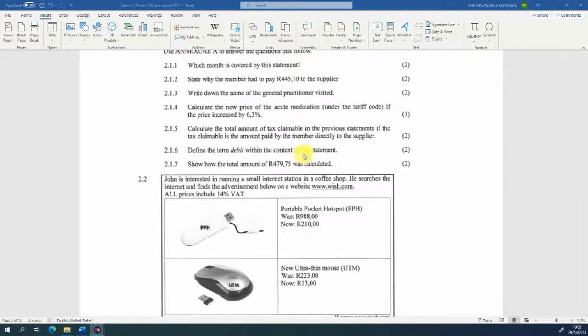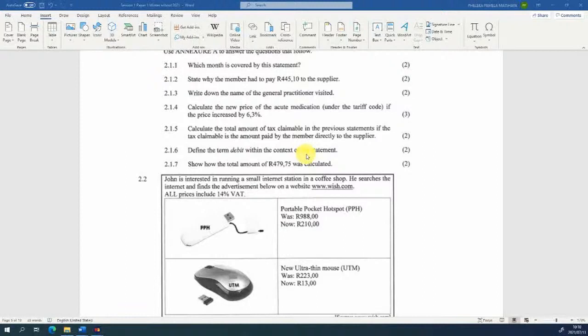2.1.4, calculate the new price of the acute medication under the tariff code if the price increased by 6.3%. So the price you see there, you need to give a new price. How? By increasing that price that you see there by 6.3%.